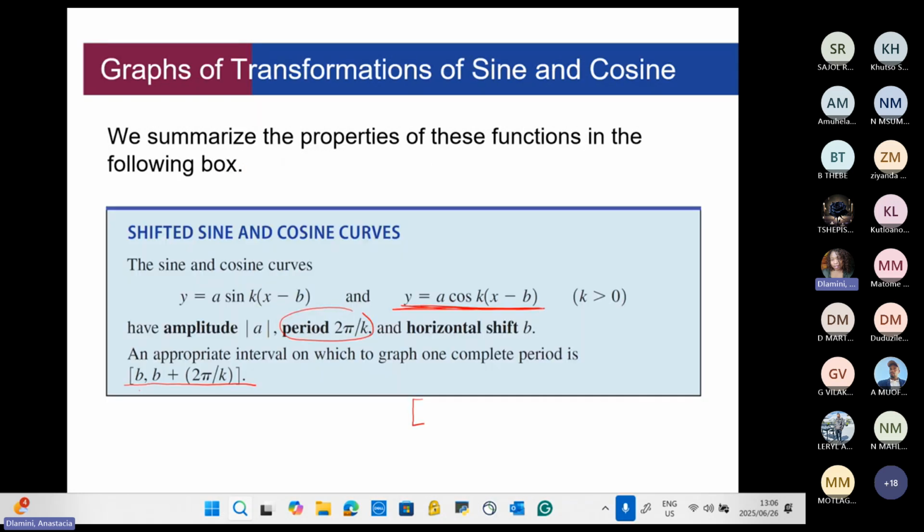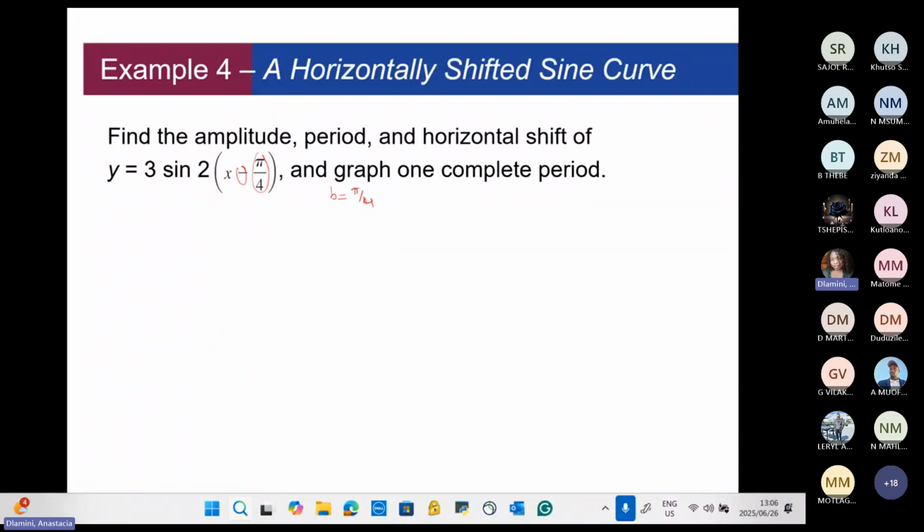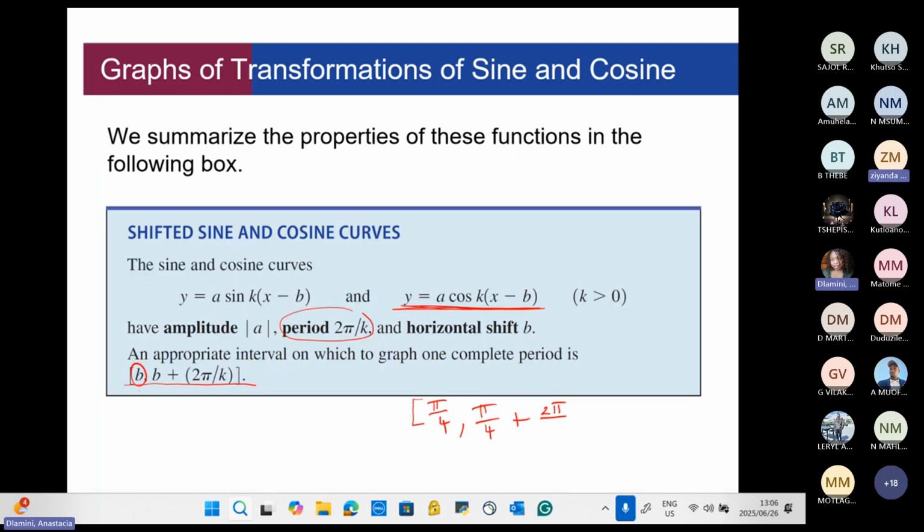So your appropriate interval will be pi over 4, which is B, and pi over 4 plus your period, which is 2 pi over k. What is k? It's 2. So your appropriate interval will be pi over 4 and 5 pi over 4. This is where you need to start your graph.